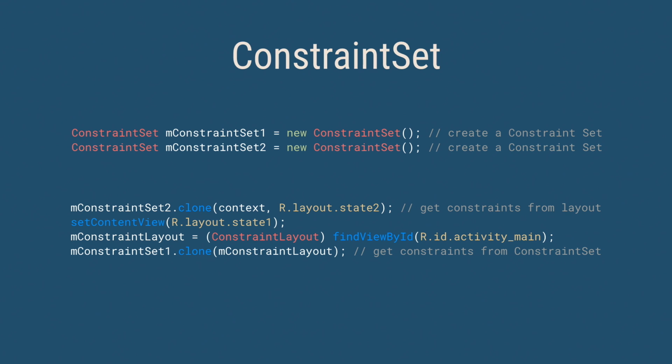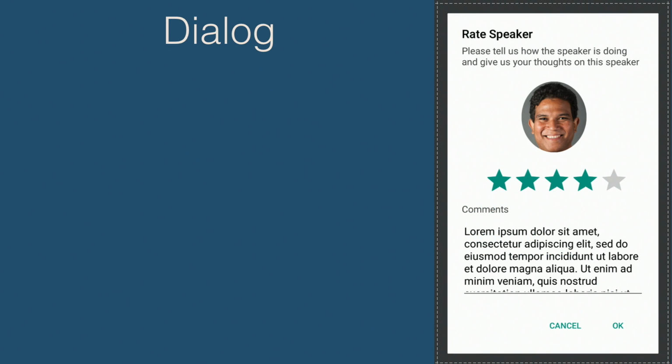So the nice thing is I've now captured two layouts in the system. I can use them whenever I want to switch between the two of them. And to switch, you just take a constraint set and apply it to a layout. So it's very, very simple. It's an easy way to give you different kinds of states.